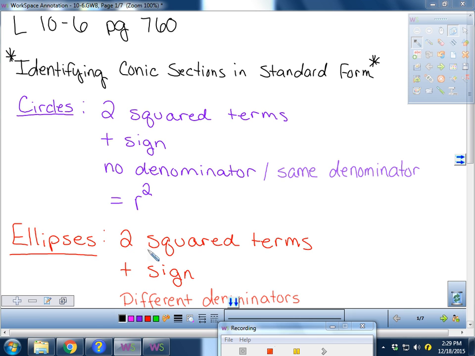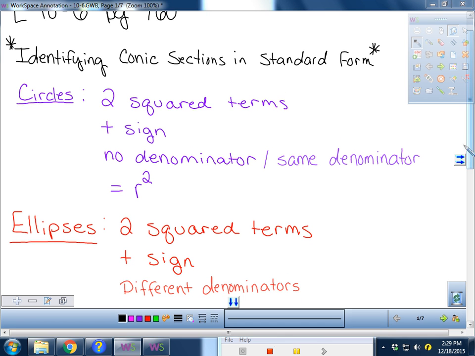Alright, so we've talked about three types of conic sections. We've got circles, ellipses, hyperbolas, and there's actually a fourth, parabolas. We've talked about parabolas before, just not in terms of being a conic section. And we're not going to talk about the specifics of parabolas, but you do need to know how to identify what they are. So if you will pay attention, this will make this so easy for you.